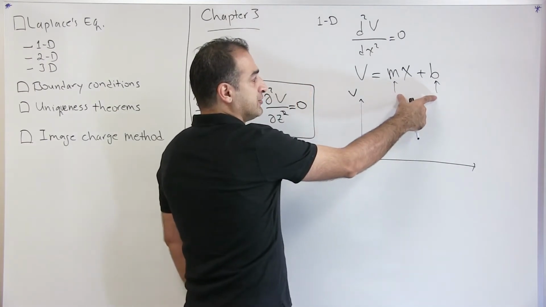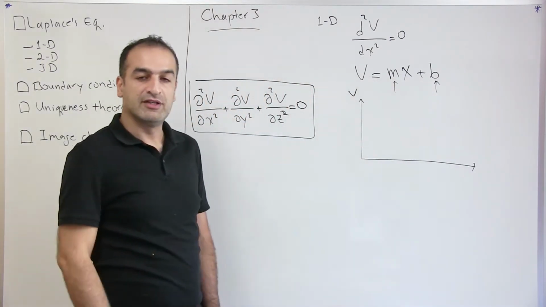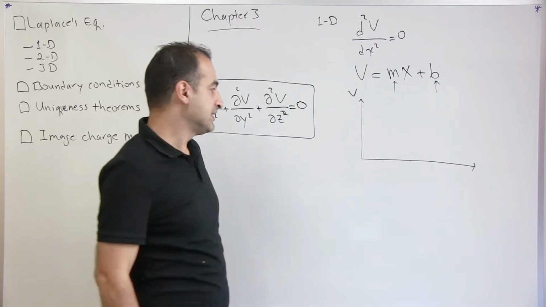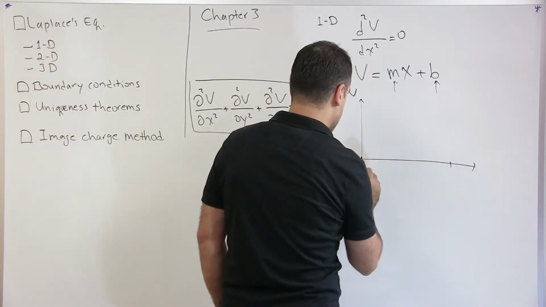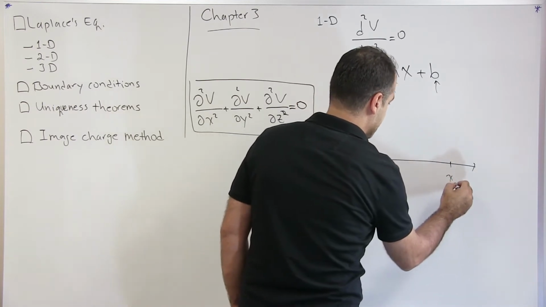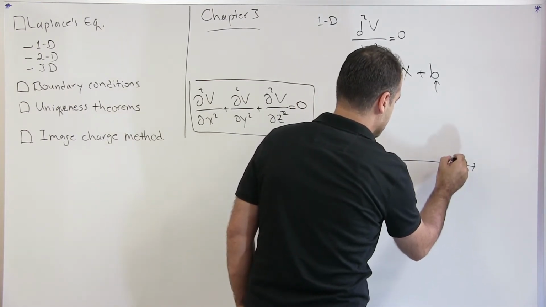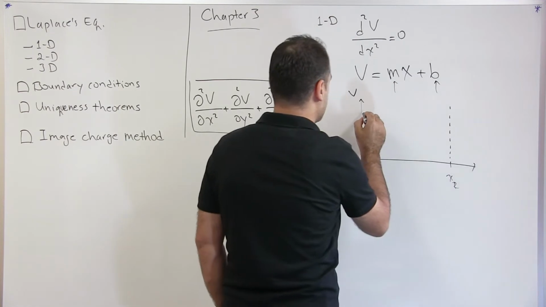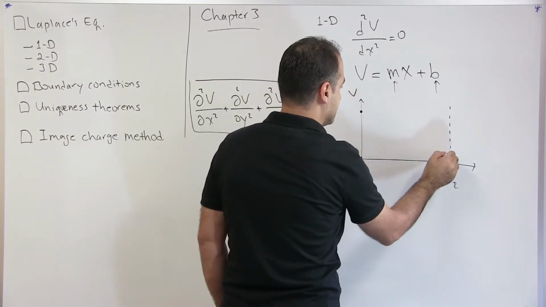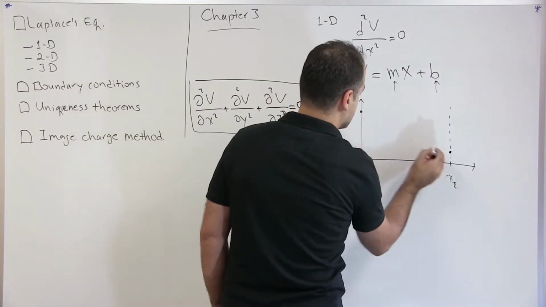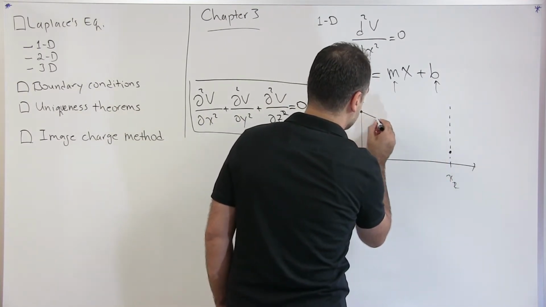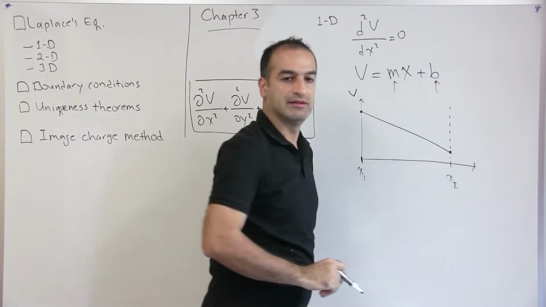I need two boundary conditions to find what m should be and what b should be. If I'm looking between these 2 points, x1 and x2, and imagine my boundary conditions at these positions, I need one V value here and another V value here. The solution is just a straight line connecting the 2 boundaries.